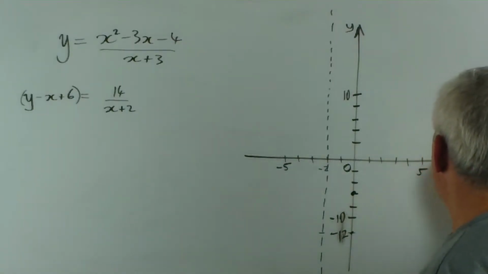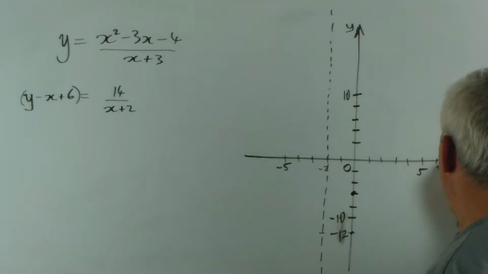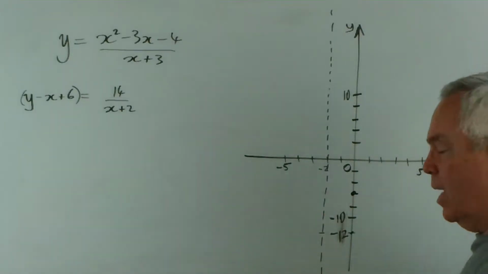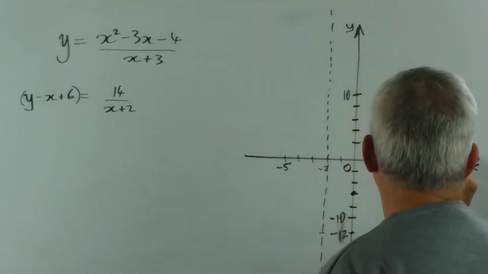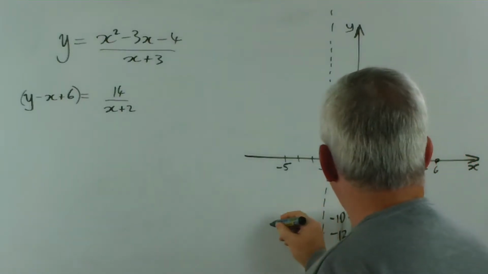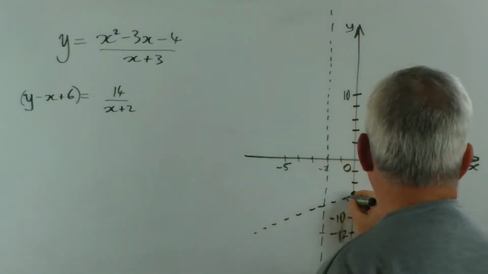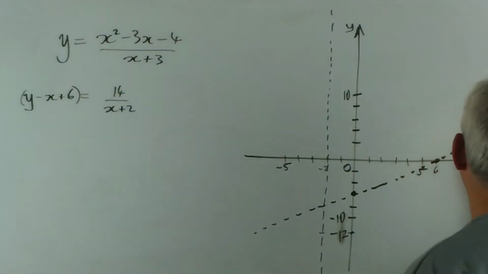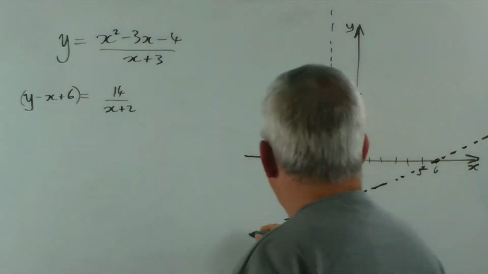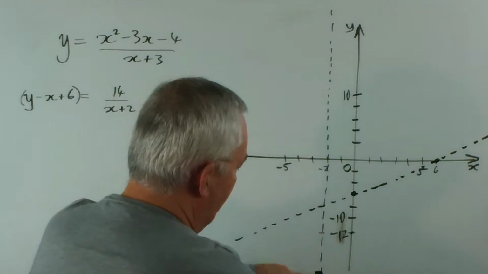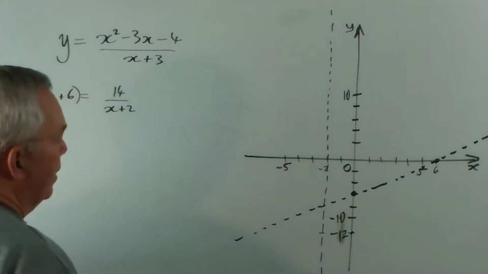So it'll go through +6. Oh goodness. This is meant to be a 45-degree angle, but I've just distorted the vertical axis, so it's condensed. Otherwise our crossover point would have been way down off the board.